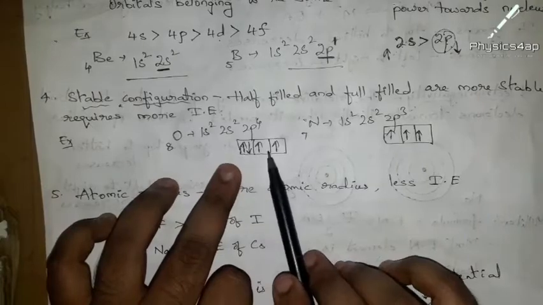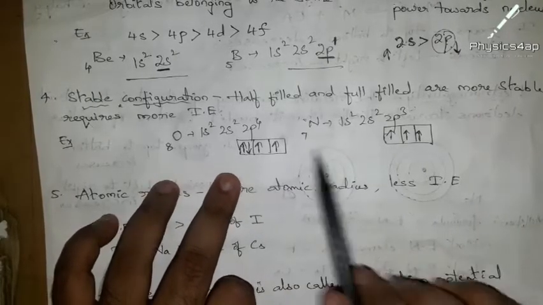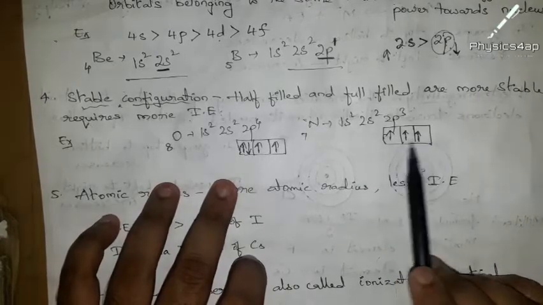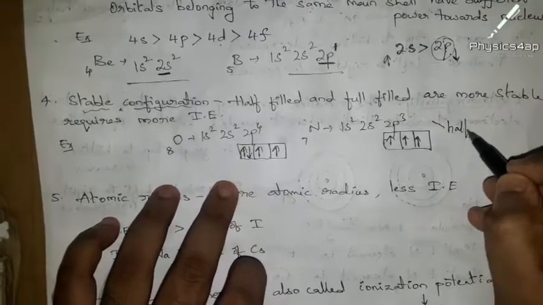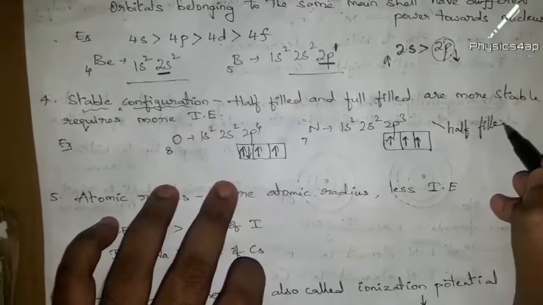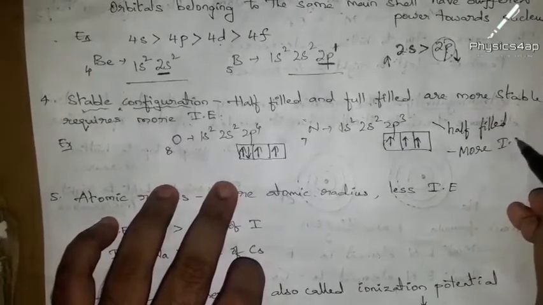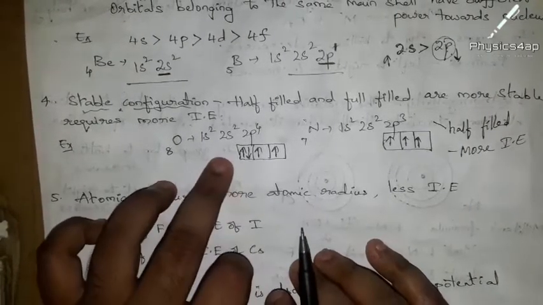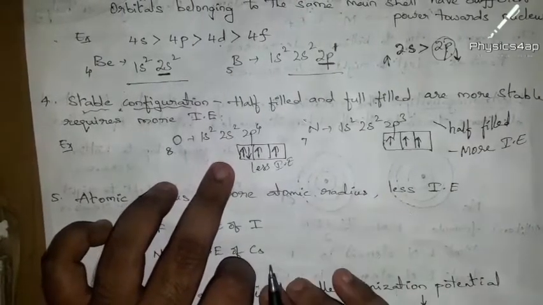As this is half-filled, it needs more energy to remove an electron, so it has more ionization energy. But here we have less ionization energy. So you need to remember that the half-filled and fully filled elements are more stable and require more ionization energy.